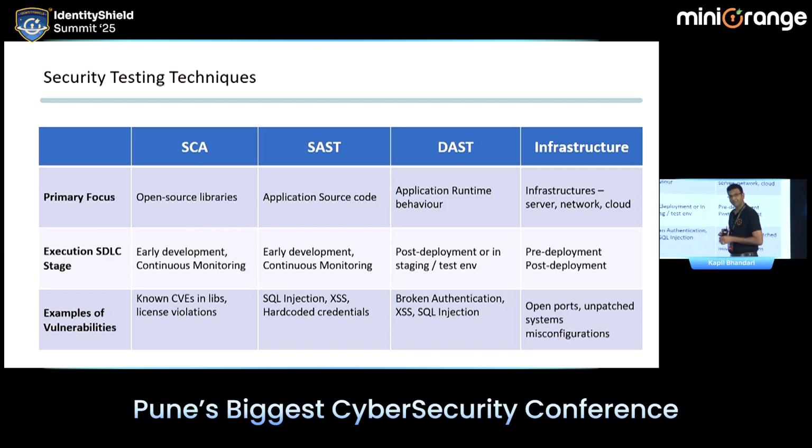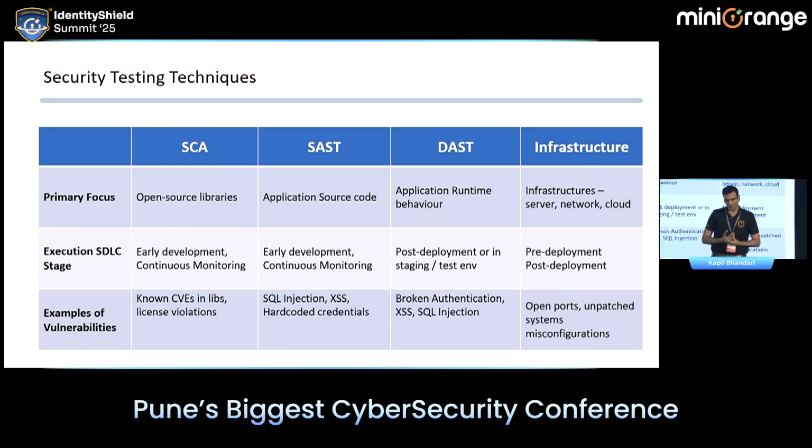You are heavily dependent on Spring Boot, Spring framework libraries, right? You are doing your level best to ensure that the code you are writing is vulnerability free, right? But what about the vulnerabilities which you are inheriting from the open source libraries, right? There may be critical vulnerabilities in the open source libraries.